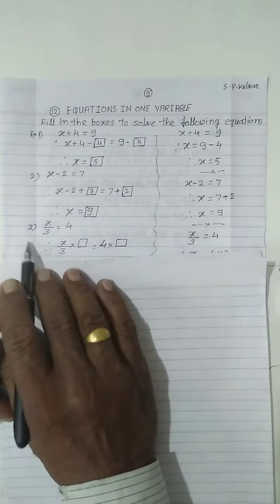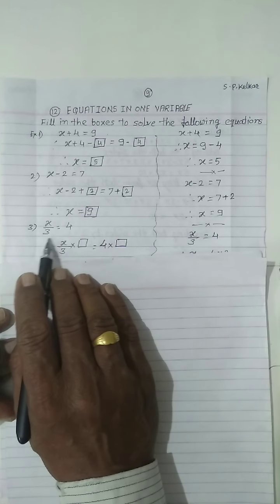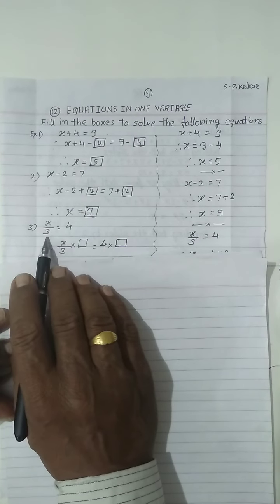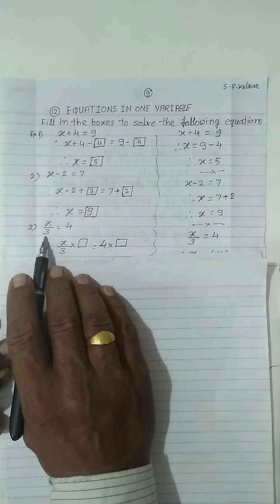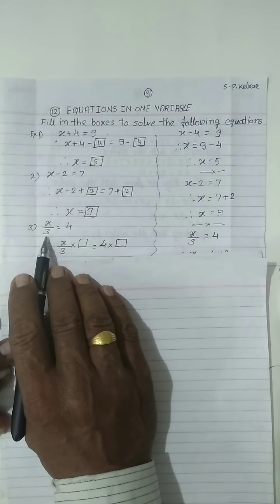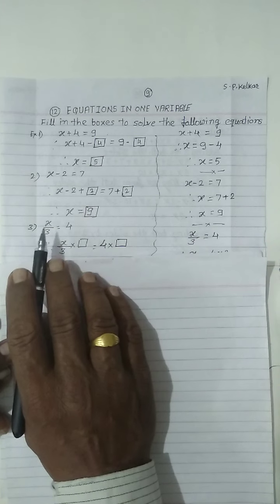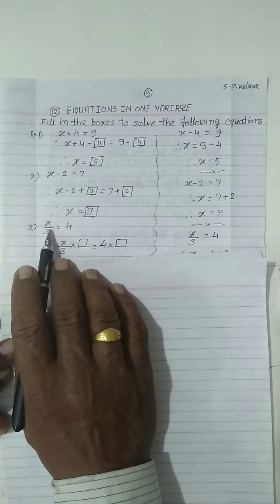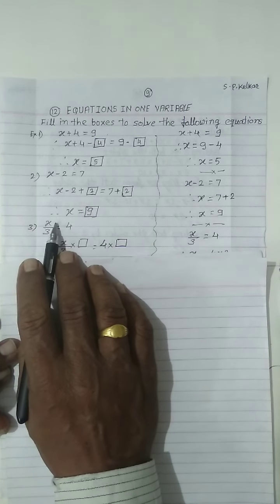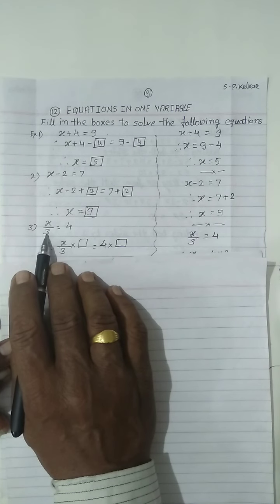Then see the third example, x divided by 3 equal to 4. Now on this left side, in the denominator there is 3. This 3 we want to cancel here, so we multiply this term by 3. Then we cancel this 3 with 3.